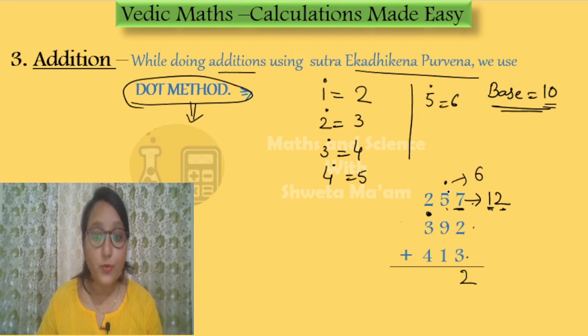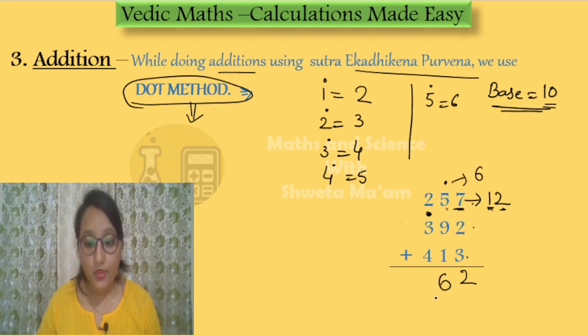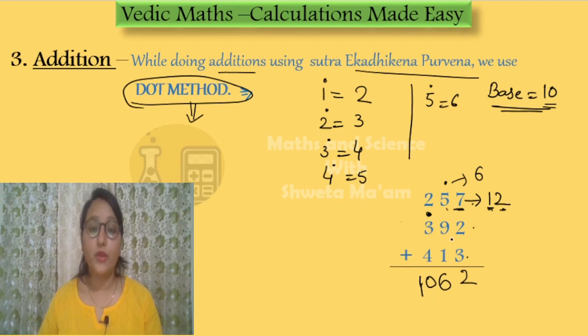So 0 plus 6 gives us 6, right? Again the next one, 4 plus 4 gives us 8, 8 plus 2 gives us 10. Okay, in this way we need to do the additions using the Sutra Ekadhikena Purvena.